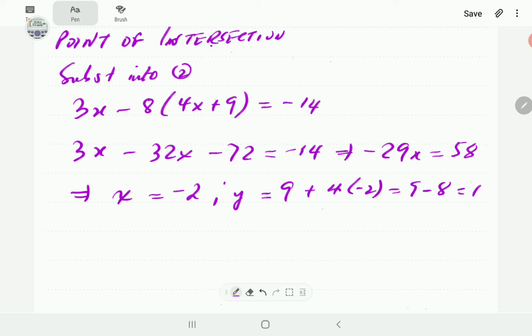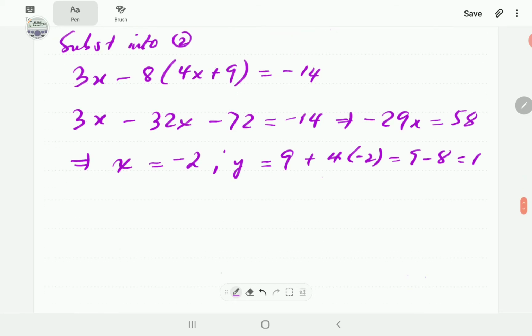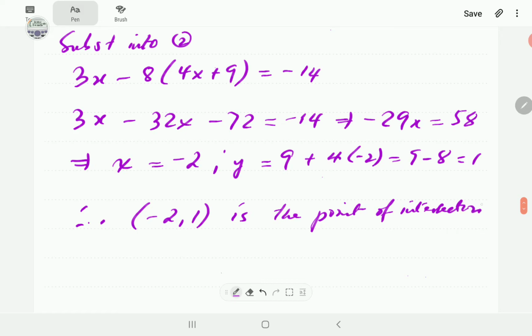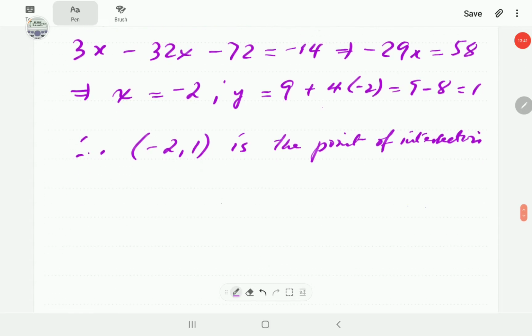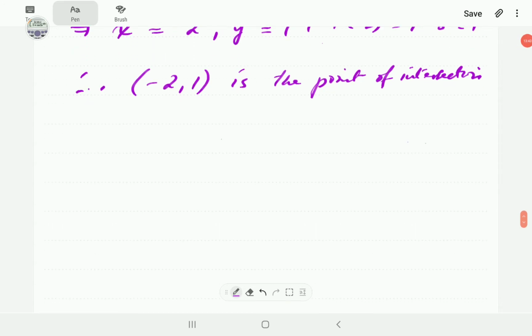It's going to be 1. So what this is telling us is that (negative 2, 1) is the point of intersection. All right, now we need to go to the angle of intersection.